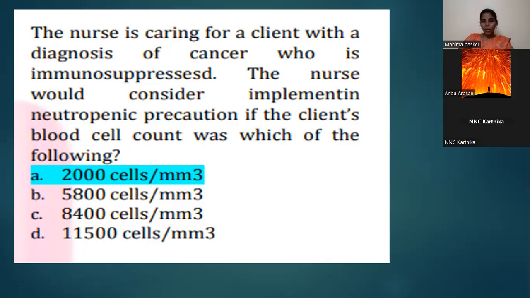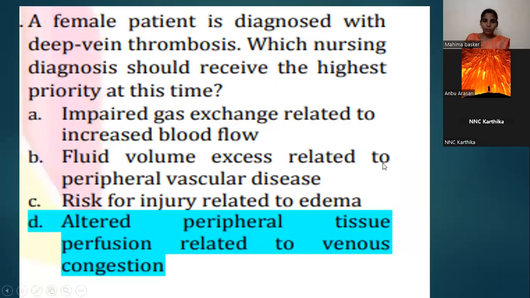We will give the neutropenic precaution. The normal is 4,000 to 11,000 WBC. Here we see 2,000 only, so the patient has very low immunity, an immunocompromised patient. You have to know the normal WBC value, then only you can answer. Normal is 4,000 to 11,000, so the answer is 2,000 cells. A is the answer.